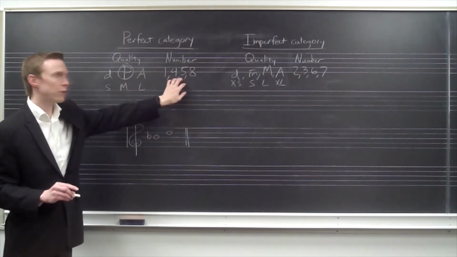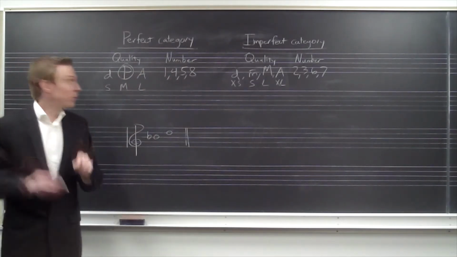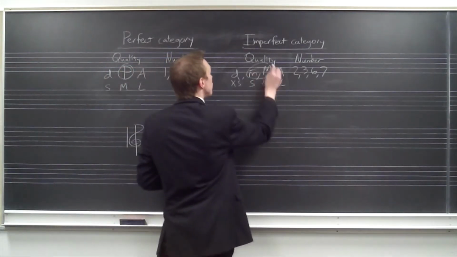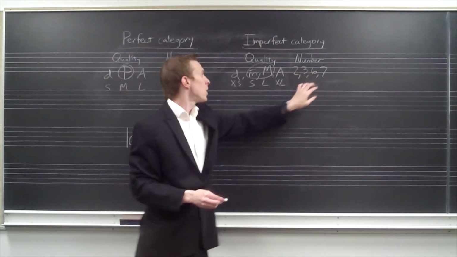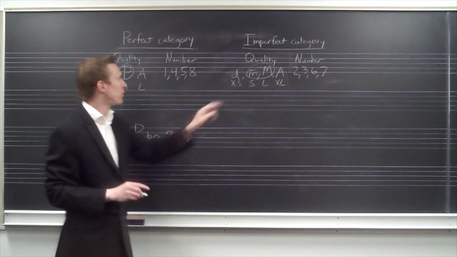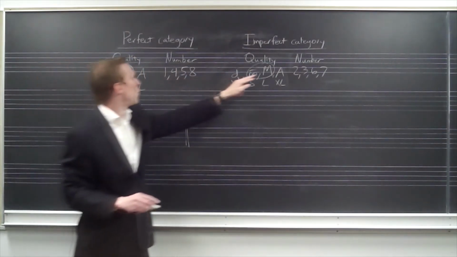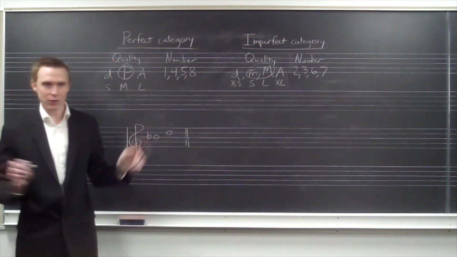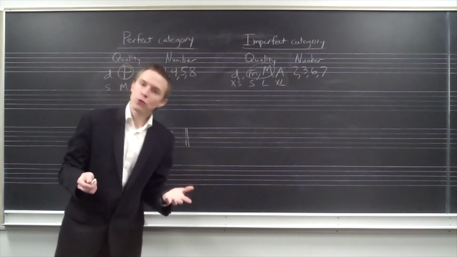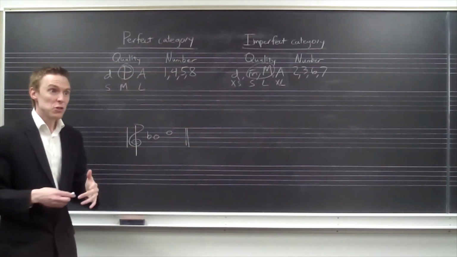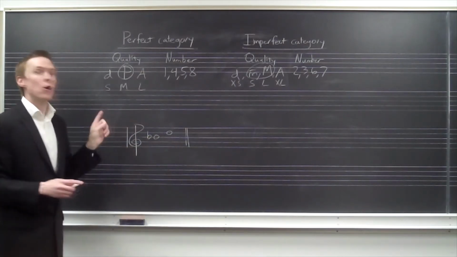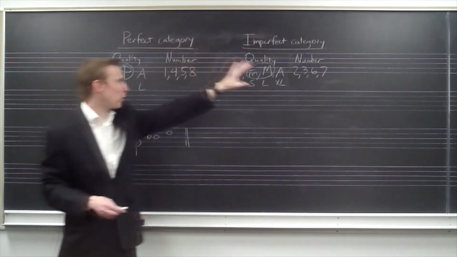Perfect is exclusive to these numbers. Similarly, minor and major are exclusive to these numbers here. You can never have, for instance, a minor fifth or a major octave. They don't exist. And you can also notice that the diminished and augmenteds, you can have a diminished or augmented anything. They are not exclusive to one category or the other.